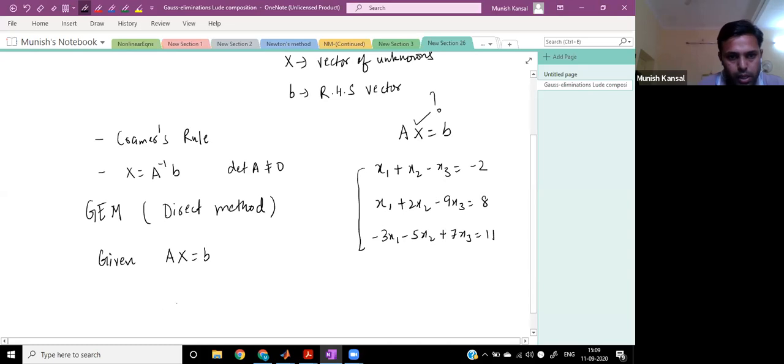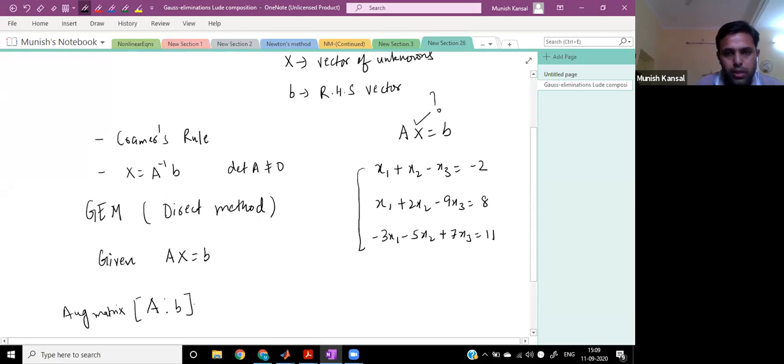So what Gauss elimination method does, first of all, it will take the matrix A, the coefficient matrix. Then we write the augmented matrix with the help of the right hand side vector. So the notation is like this, A colon b, or sometimes we write A slash b, right? So this is my augmented matrix.